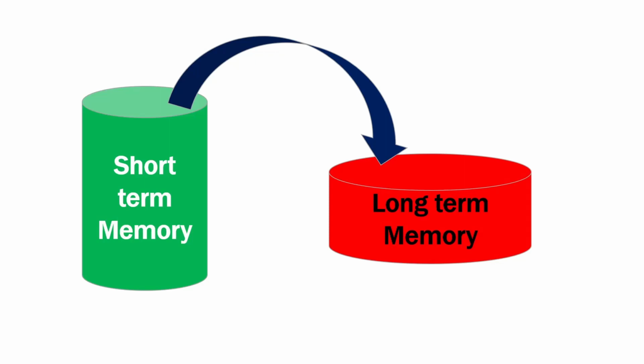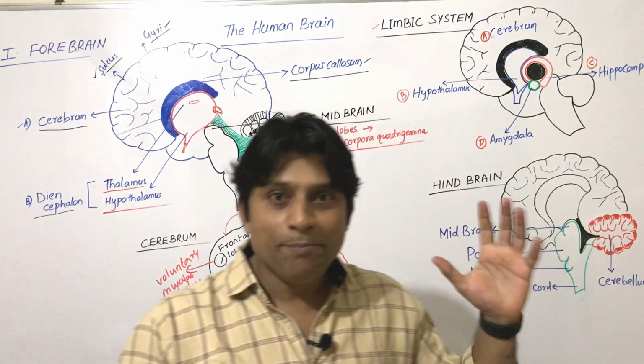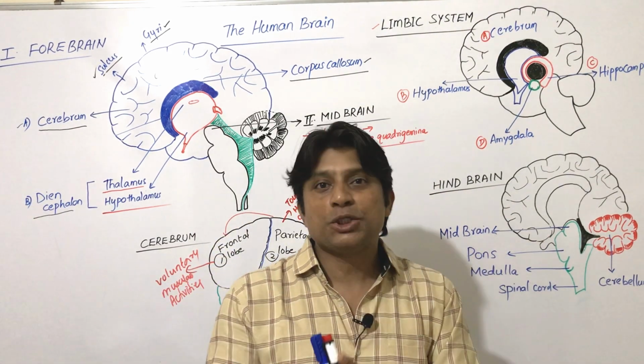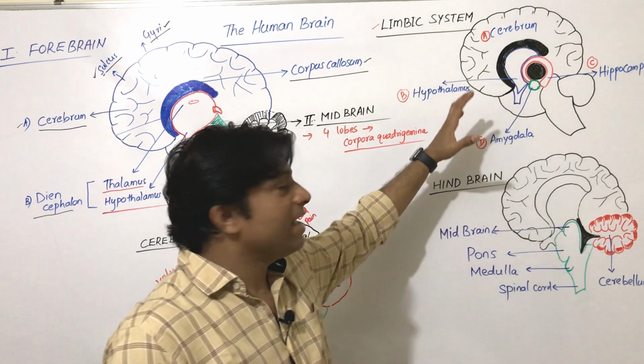That means in a short-term memory, you can remember the things just for a few minutes. And when it goes to the long-term memory, you remember the things for longer periods of time. This is done by your hippocampus. This is how your limbic system is overall responsible for controlling the sexual behavior as well as emotional reactions.